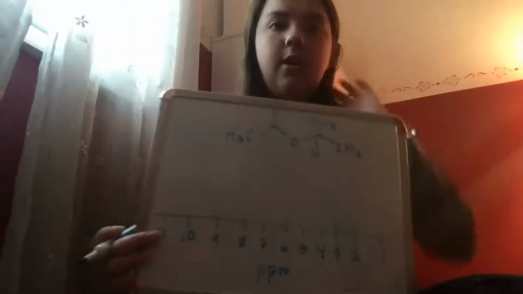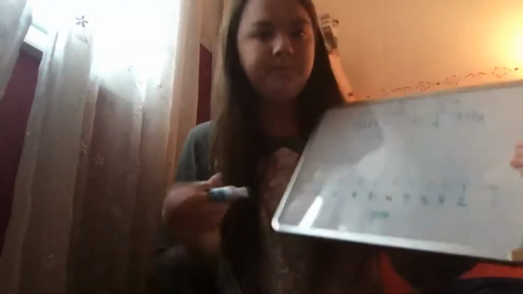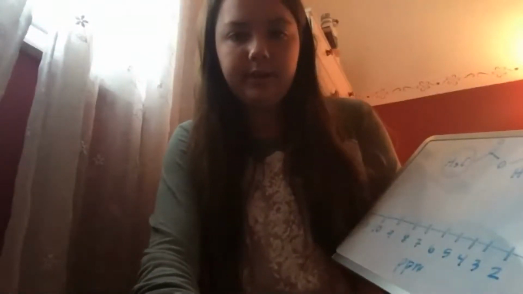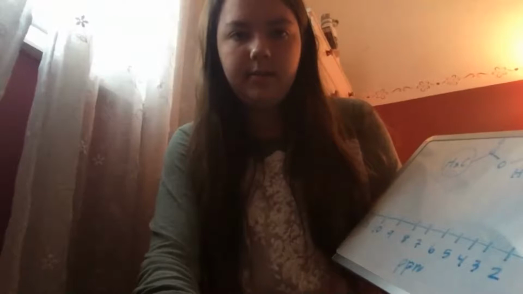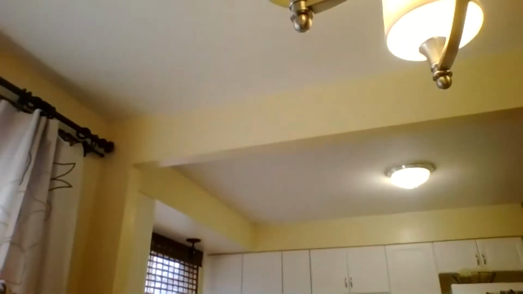So now we're gonna draw all the signals again. So this is the one that I did first in the PowerPoint. So that's the one that had a chemical shift. Let me go back. I don't know what the exact value was, so I'm gonna double check it in my PowerPoint.